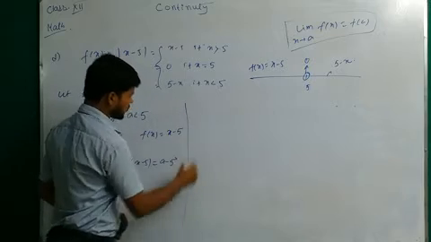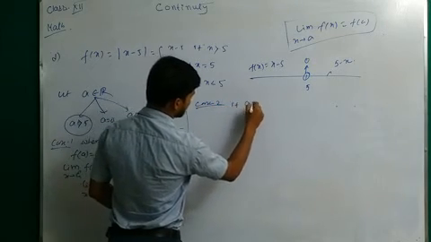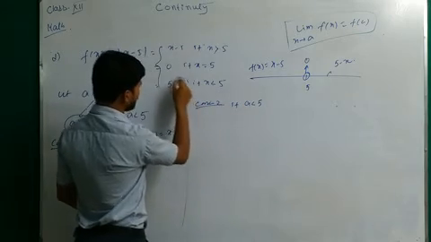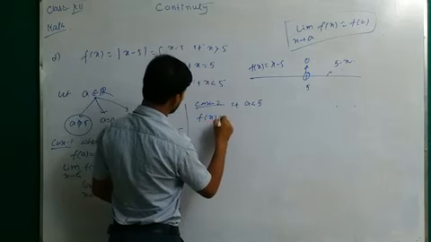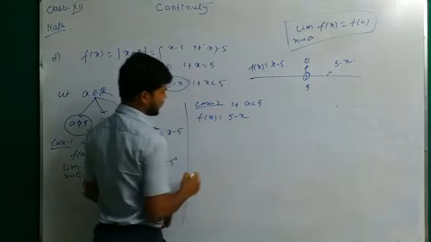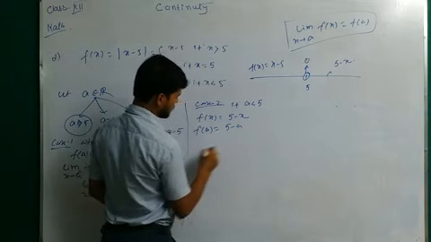Now case 2, if a is less than 5, then it will choose this function, then f of x equal to 5 minus x. Calculate f of a, that is 5 minus a.